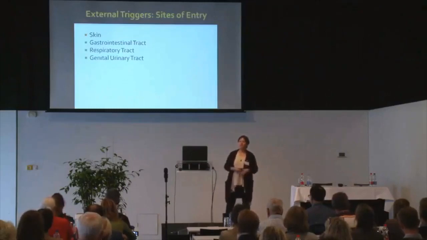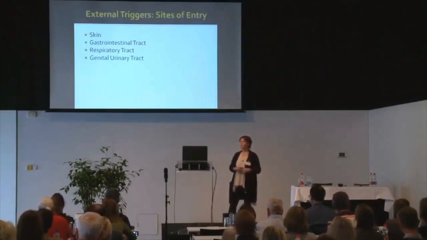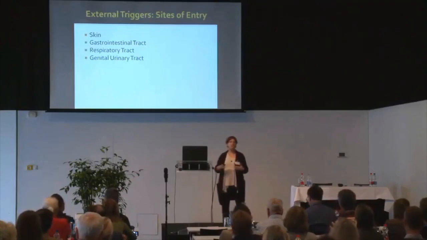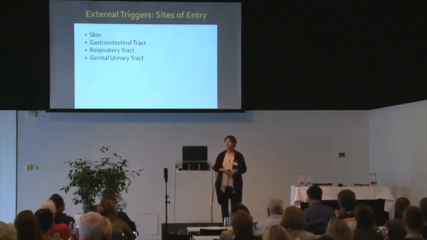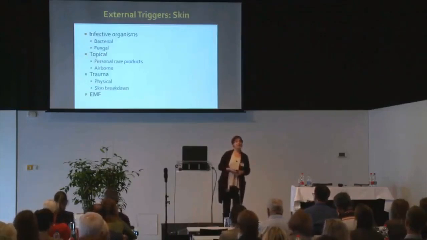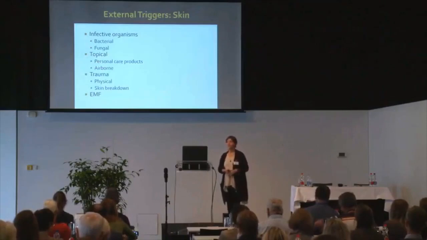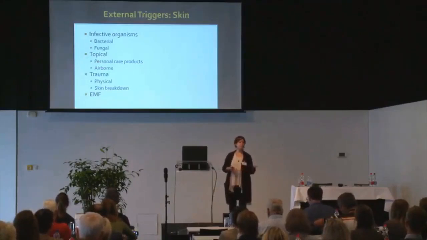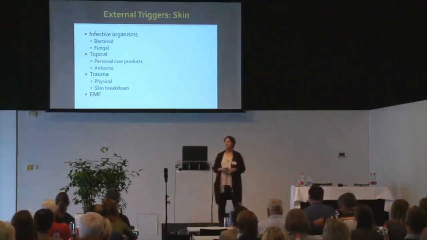So when we're looking now at the external sites of triggers, what is triggering our body to respond, there are several areas that we'll be looking at. In the skin, you have infective organisms, so bacteria, fungi, viruses that infect our skin.